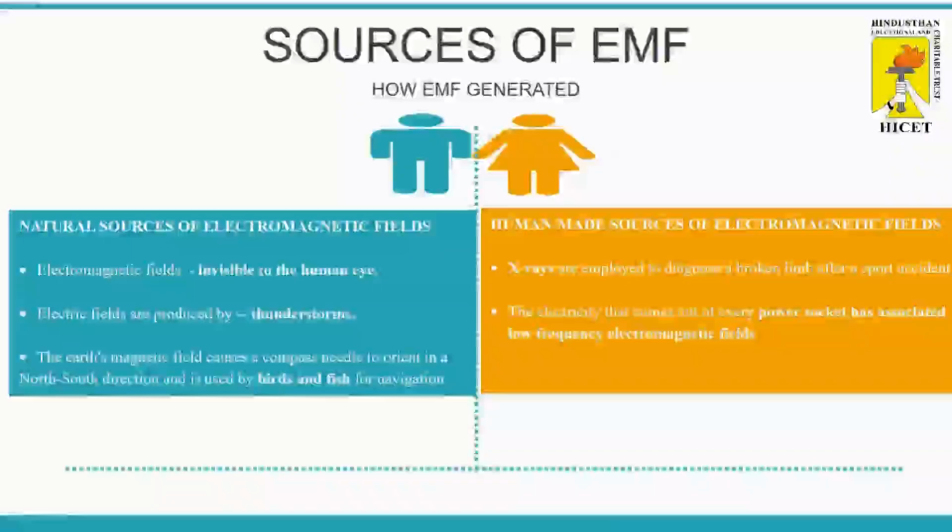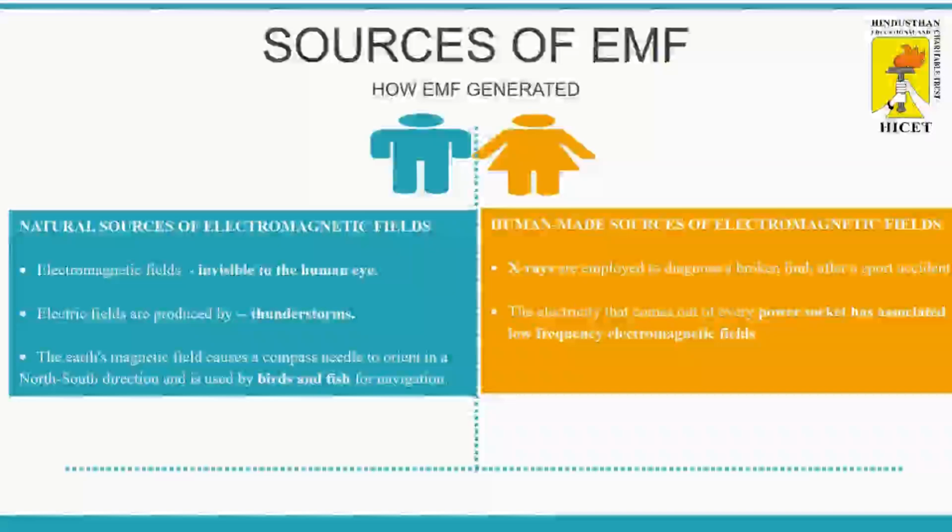The sources of the electromagnetic field. The electromagnetic field can originate from natural sources and also human-made sources. So where can this electromagnetic field exist? We have two sources: one is natural, another is human-made.